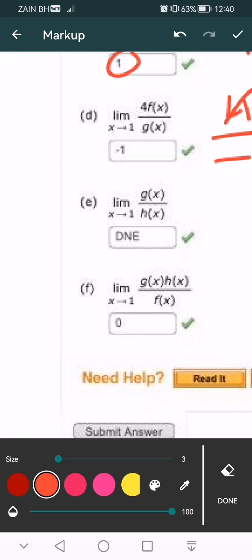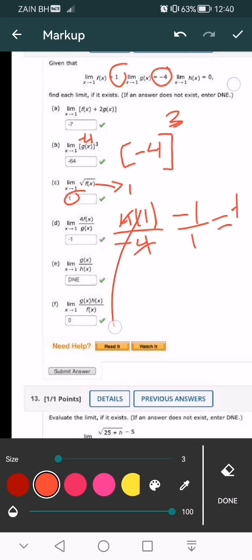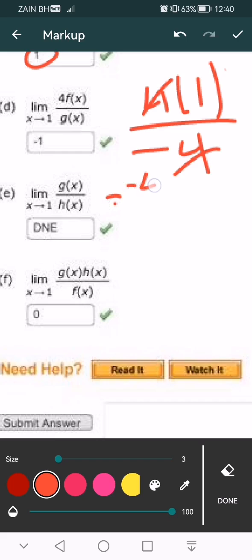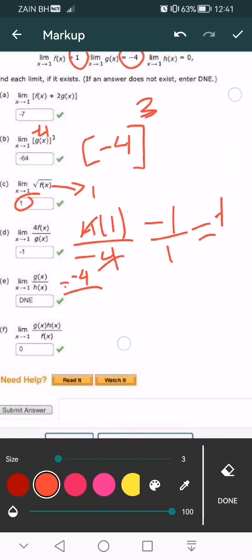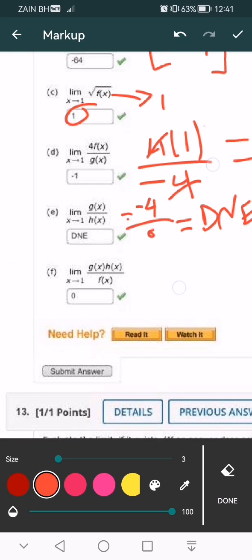مهم، g of x over h of x، ليش؟ g of x is minus 4, over h of x over 0. Anything over 0 does not exist.